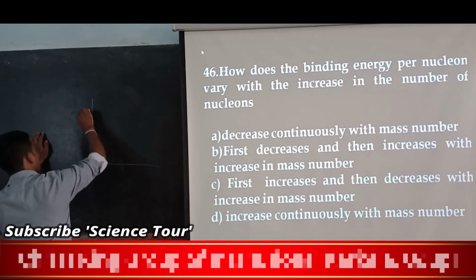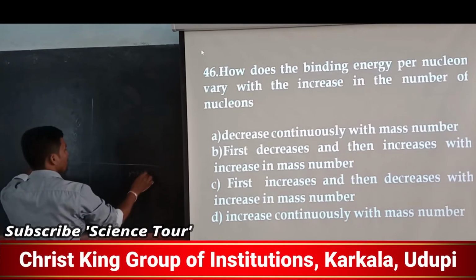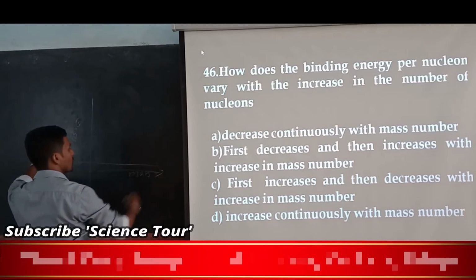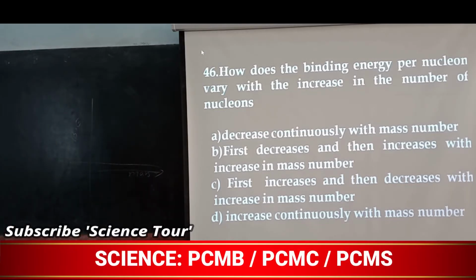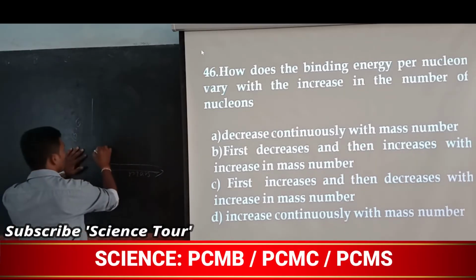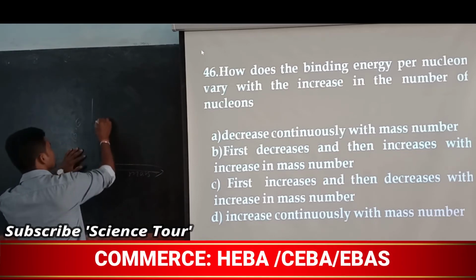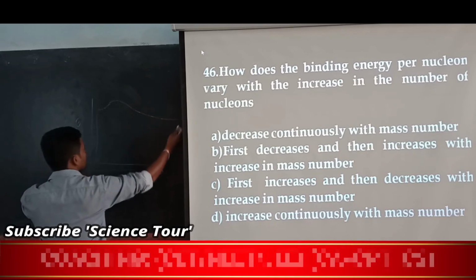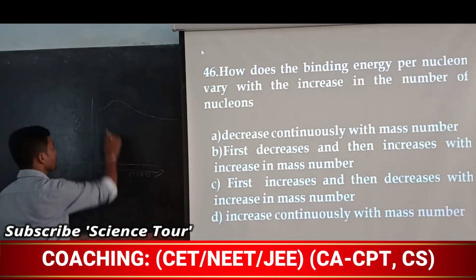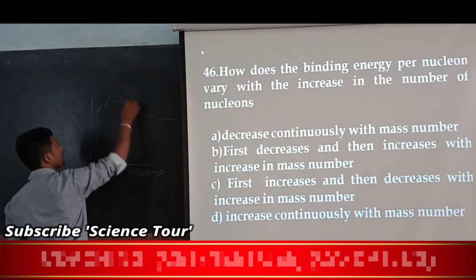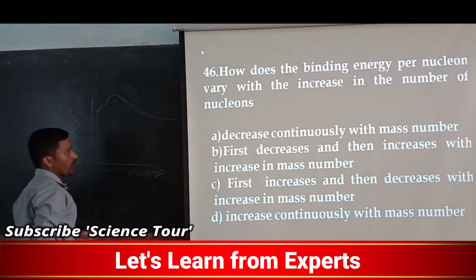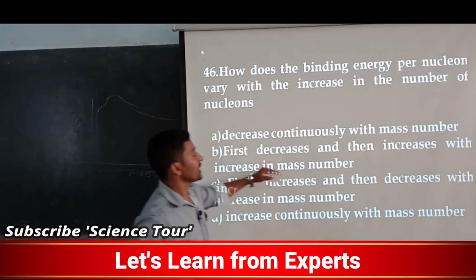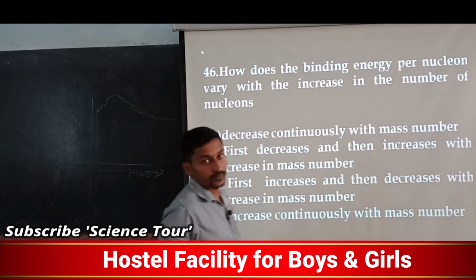Binding energy per nucleon with the mass number, as the number of nucleons increases. It increases, increases, and then becomes saturated. The graph you have done, isn't it? Like this. Does it decrease continuously with the mass number?